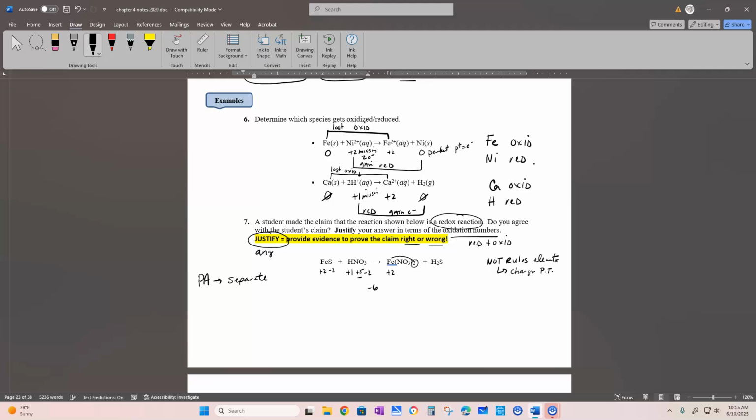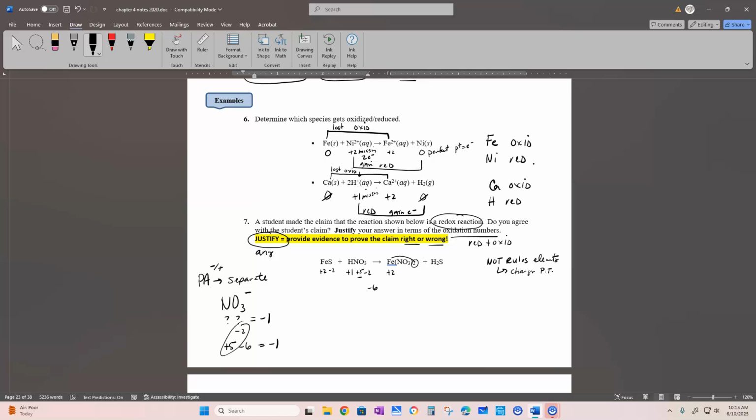With polyatomics, they have a charge. So that's nitrate. So we have to determine nitrogen and oxygen based off equaling -1, not 0. Nitrogen doesn't have a rule. Oxygen, -2. 3 times -2 is -6, and it's got to equal -1. So nitrogen has to be +5.